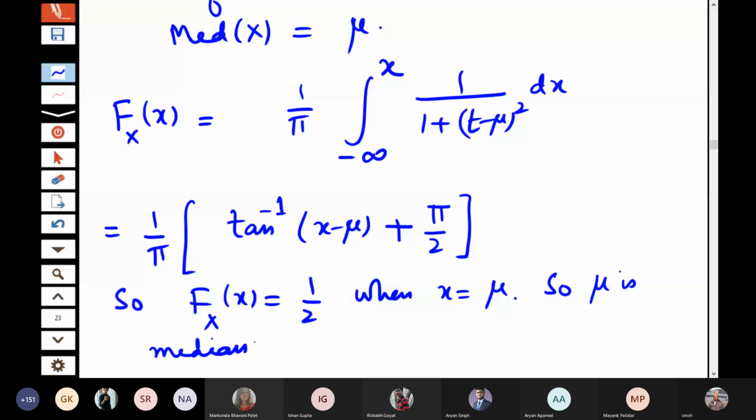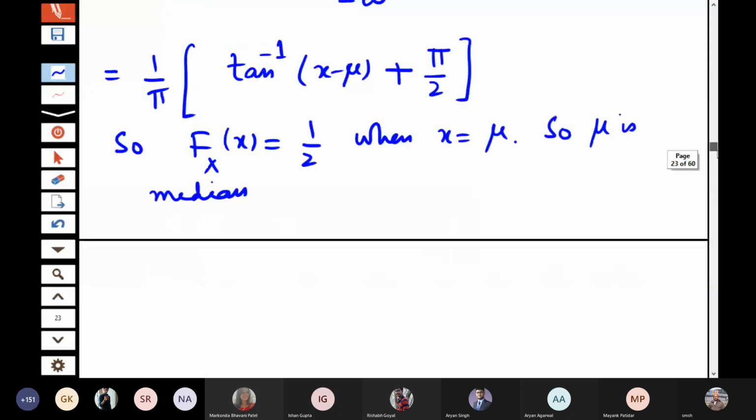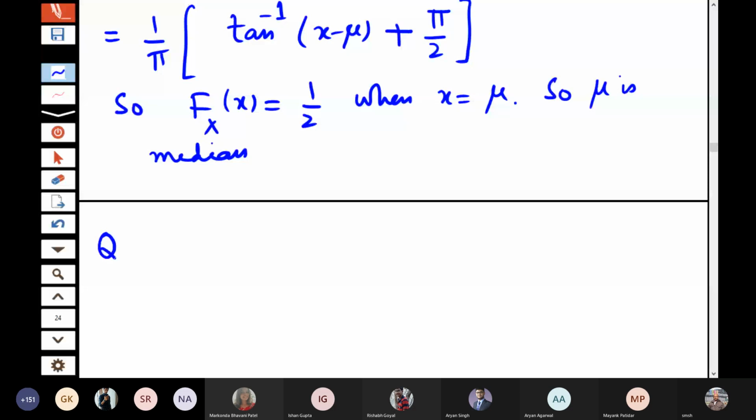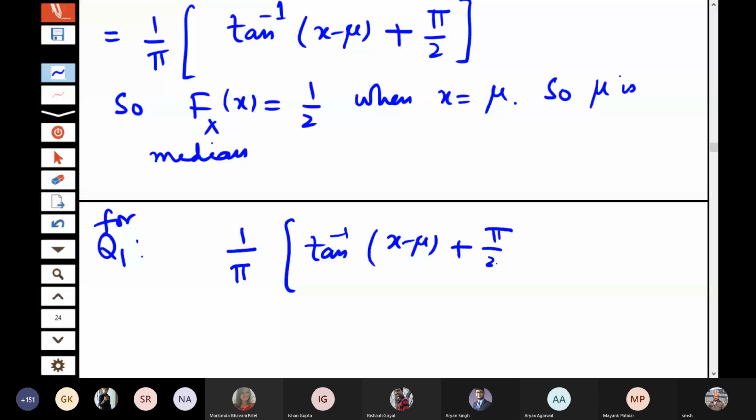Suppose I want to calculate other quartiles also. So for Q1, you will need this to be 1 by pi tan inverse of x minus mu plus pi by 2 is equal to 1 by 4.